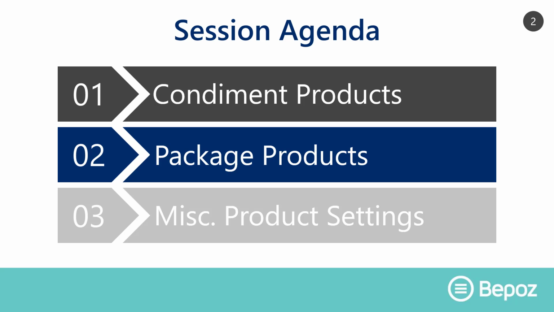They can have add-on prices, or they can be free of charge. We can force operators to select one or more or none, and so on and so forth. A few different things that we can configure for them. We'll get into some specific examples in a bit, but there's potentially dozens, if not hundreds, of different use cases out there for how condiments can be used within BPOS.